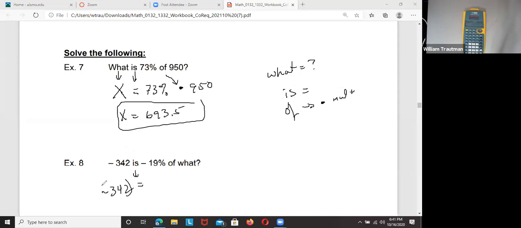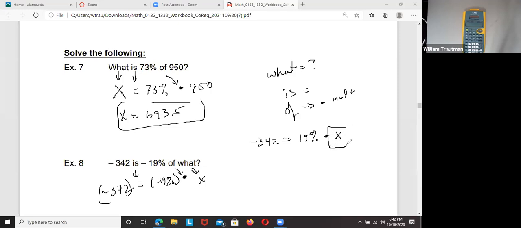I'm going to put the negative numbers in parentheses: negative 342 is negative 19% of what number, X. So our problem is negative 342 equals 19% times X. Okay, so we have to solve for X here.